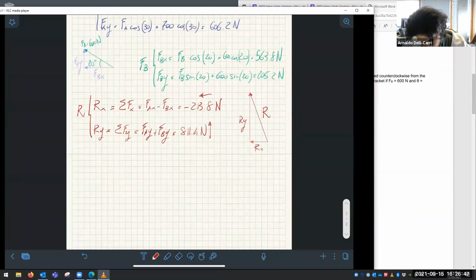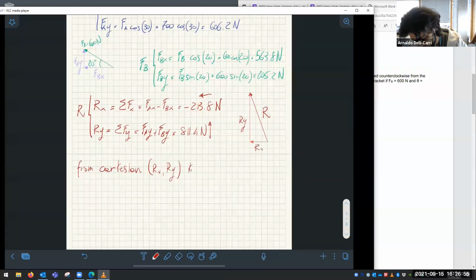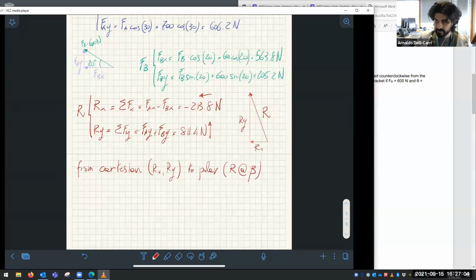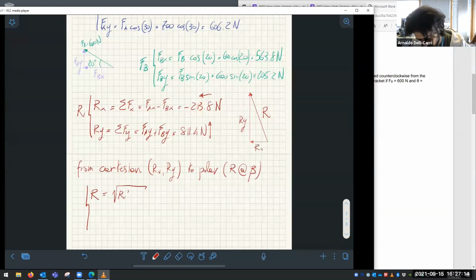So let's go from Cartesian Rx, Ry to polar, R at an angle, let's call it beta. Let's use Pythagoras theorem to find R itself, which is the square root of Rx squared plus Ry squared.